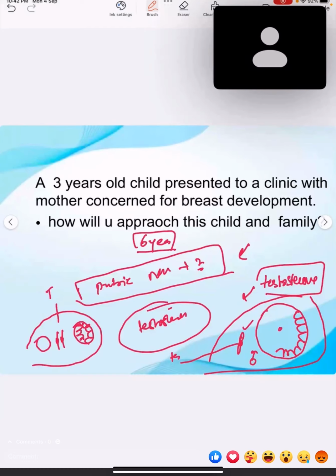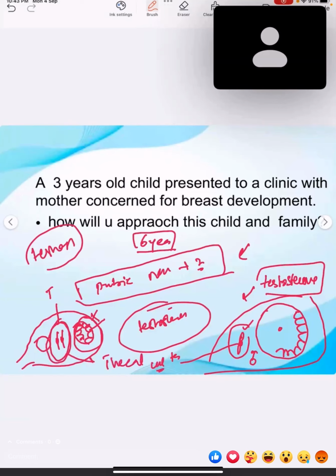The function of both these connective tissue cells is production of testosterone. So where is the problem? Is this female having any hyperplasia or tumor of these follicles? No. Where is the hyperplasia? This theca cell. That may be a case of theca cell tumors.